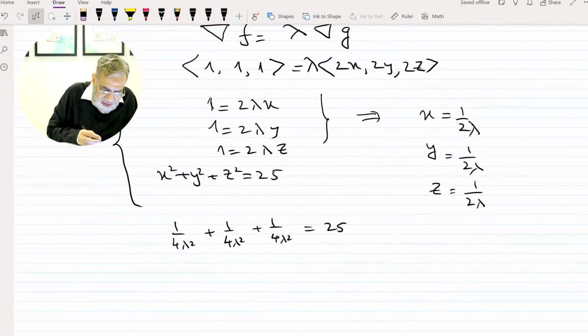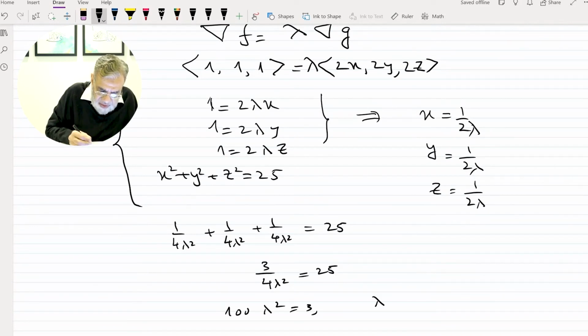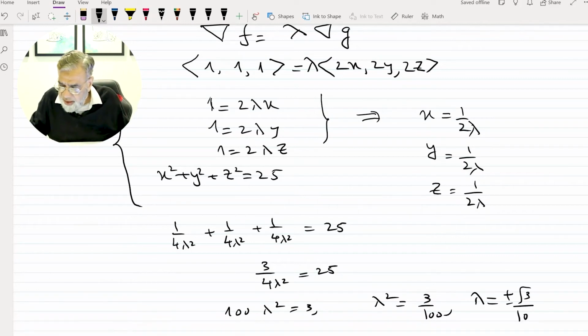When you sum it, you get 3 over 4 lambda squared equal to 25, or 100 lambda squared equal to 3. So lambda squared is equal to 3 over 100, and lambda is equal to plus or minus root of 3 over 10. This is the value of lambda I got.